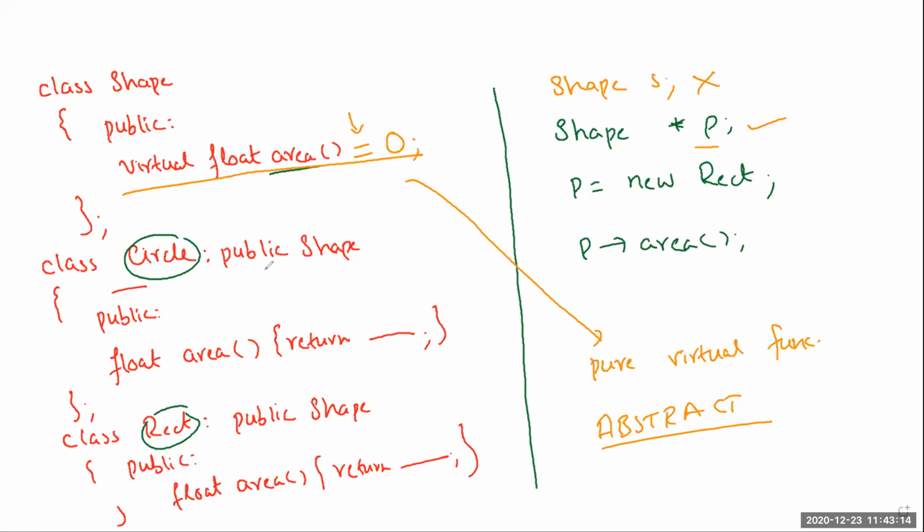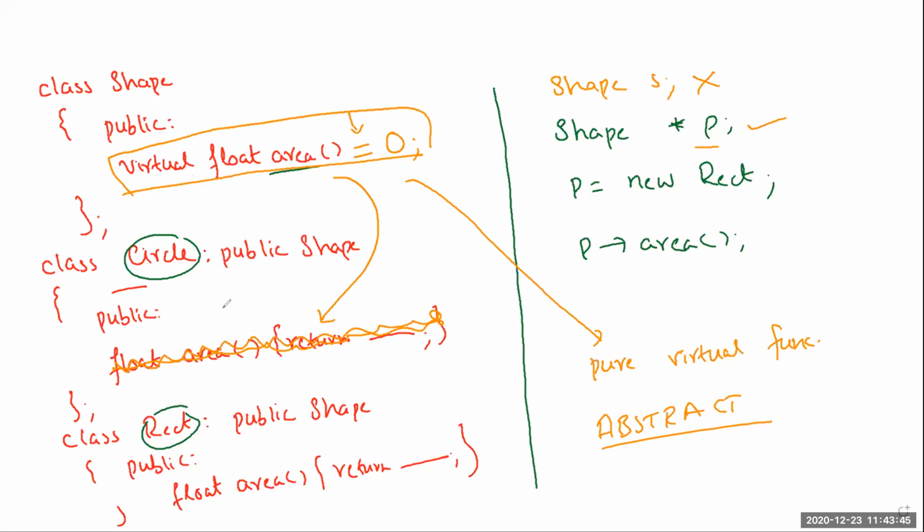Why do you have a guarantee? Suppose someone is writing the circle class and they do not override this function, so the circle class does not have an area function. Since it does not, the area function from the parent will come into the circle class.